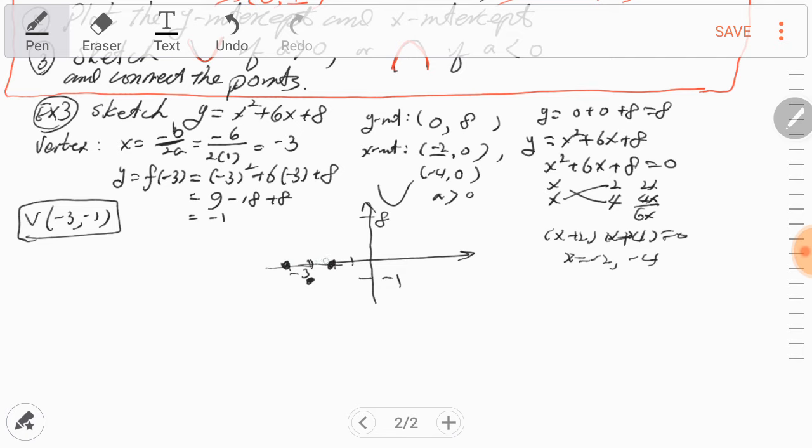So the graph passes through these two x-intercepts, and this is not drawn perfectly. So let's say this is negative, this is positive 8. This makes more sense.